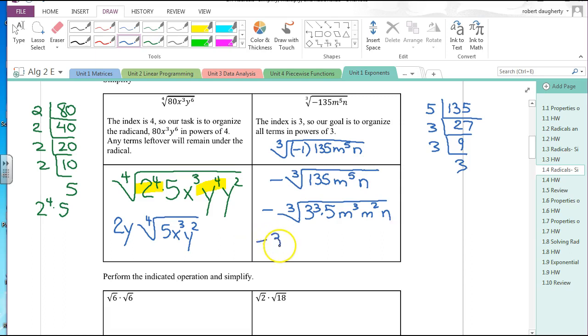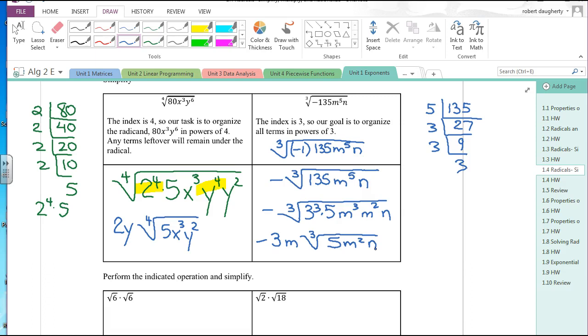So I get a 3m, and then what is left? 5 what? M squared n. Okay? And that's as simple as it gets. Okay? So we've done several of these.